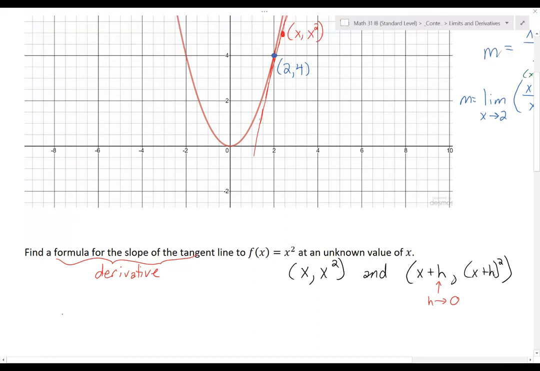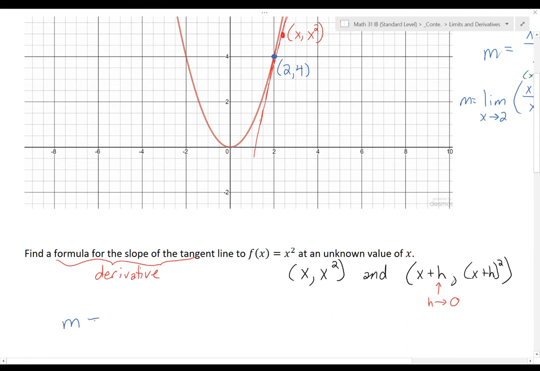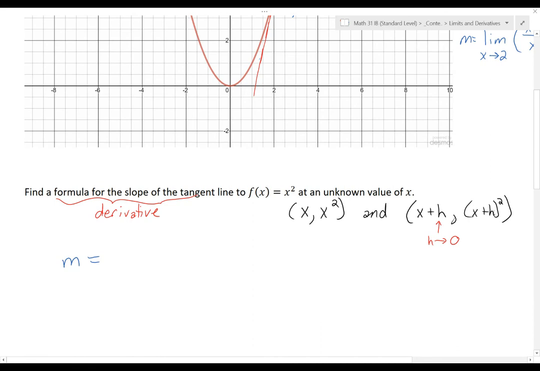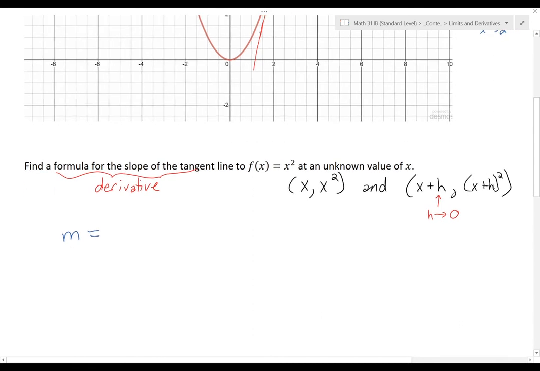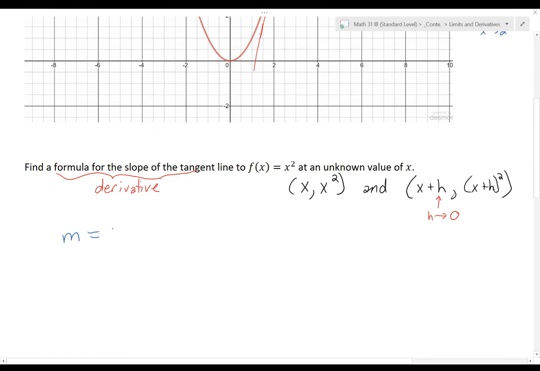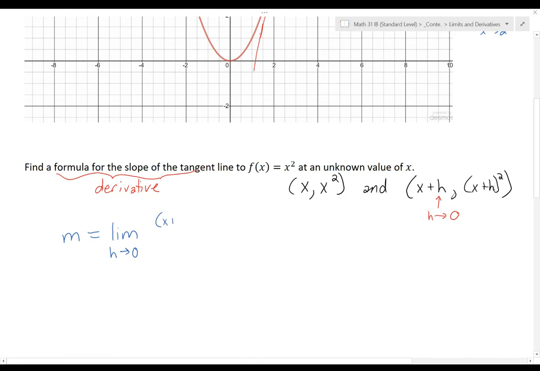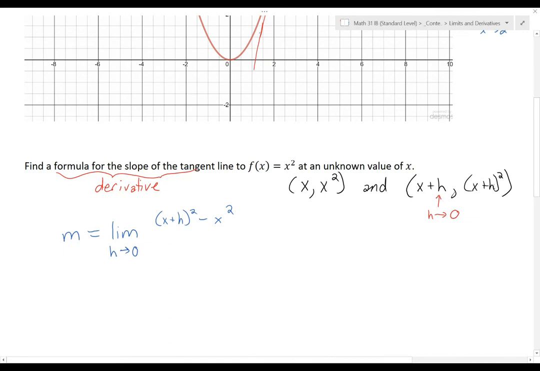So the derivative, the slope function, and I'll introduce some notation for that in a second, but for now I'll just use m because we know that for slope. So m is change in y over change in x, but I want the limit as h approaches 0 of x plus h all squared minus x squared, that's the change in the y values, over x plus h minus x.